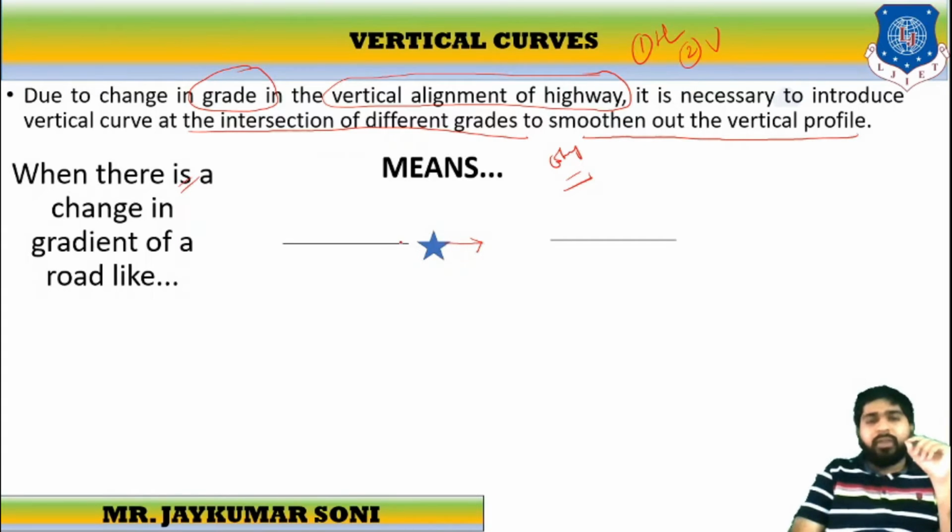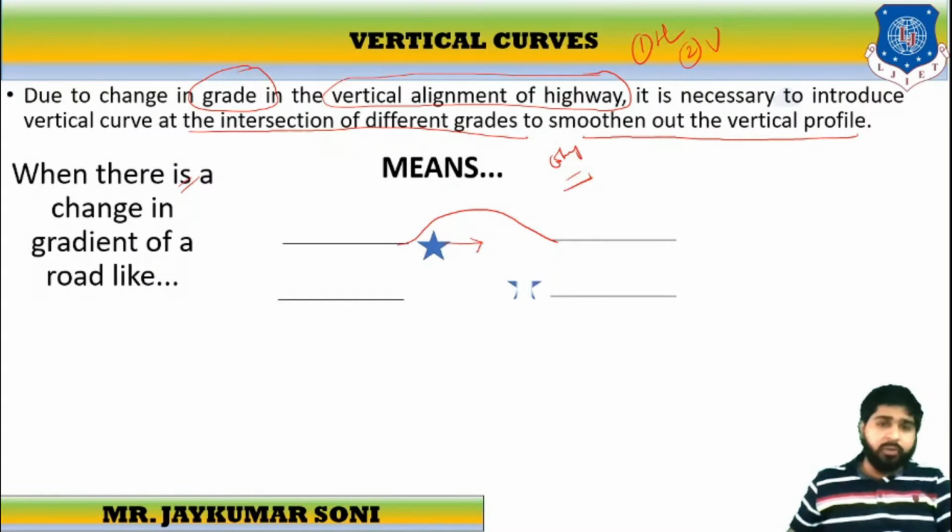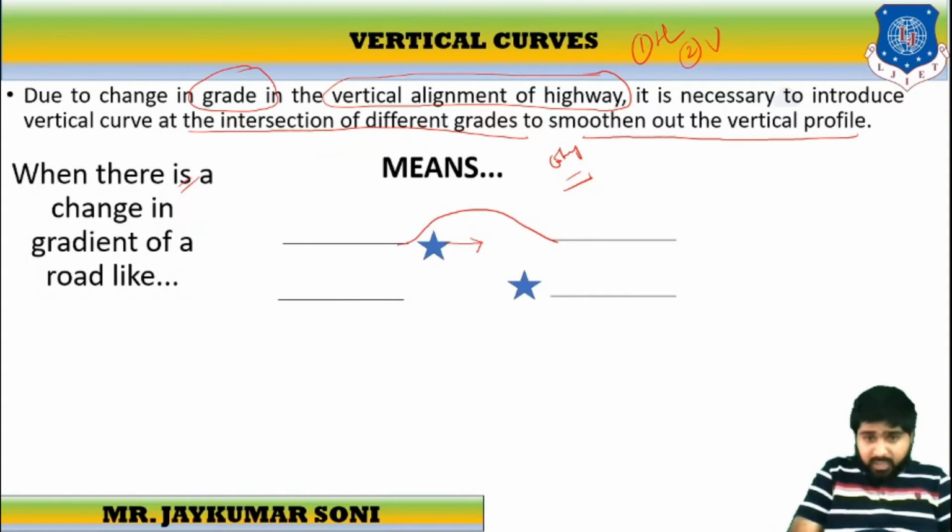So what we can do is we can construct the road like this. Sometimes it may also happen that we are traveling on the road or we are designing or constructing the road and the obstruction is like this. So we cannot provide the road in this direction. Otherwise, it will also create hindrance. So what we can do is we can provide the road like this so that this obstruction can be avoided.